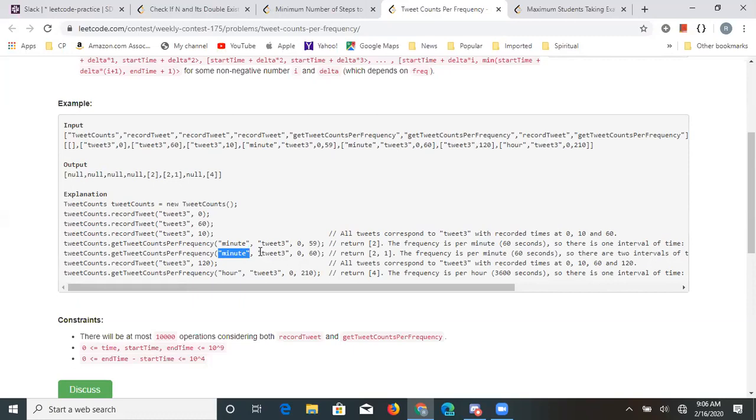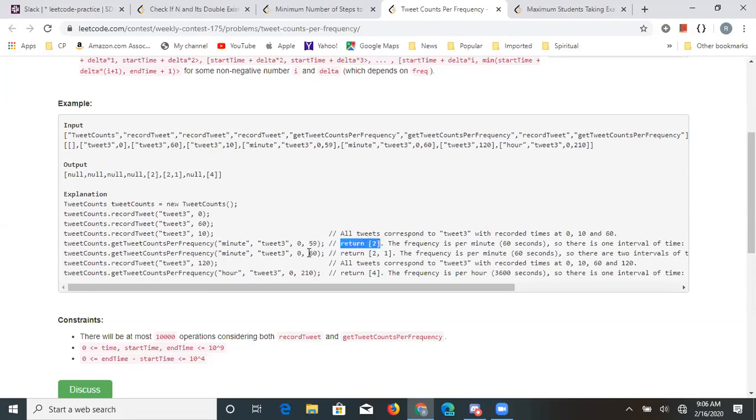I will explain on the board, but this is very important. If you don't understand it, we will not be able to derive the actual solution. So in this example, from 0 to 59, there is 1 minute, and we had 2 tweets in that 1 minute.